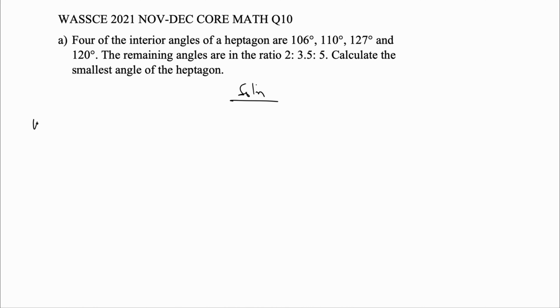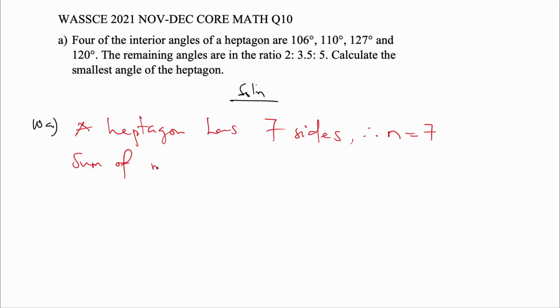So first we know that a heptagon has 7 sides. Therefore, n is equal to 7. Now we know that the sum of interior angles of a polygon is equal to n minus 2 times 180.